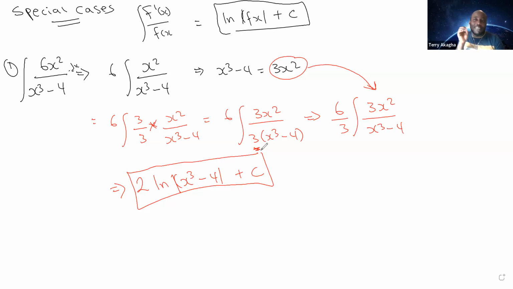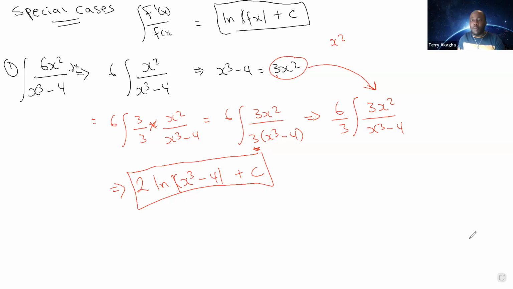A quick guide I always give: if you differentiate the denominator, the extra factor or constant you have, multiply the top and bottom by it. In this case, we have 3x squared, but what we are looking for is x squared. Because the 3 is the extra, I multiply the numerator and the denominator by this 3 and simplify.